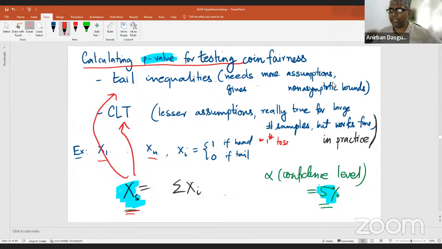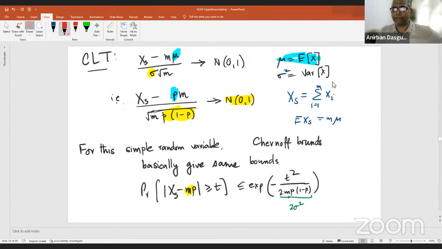This is the form in which I can apply CLT, because xs is a sum of random variables, which is exactly the setup in which CLT applies.